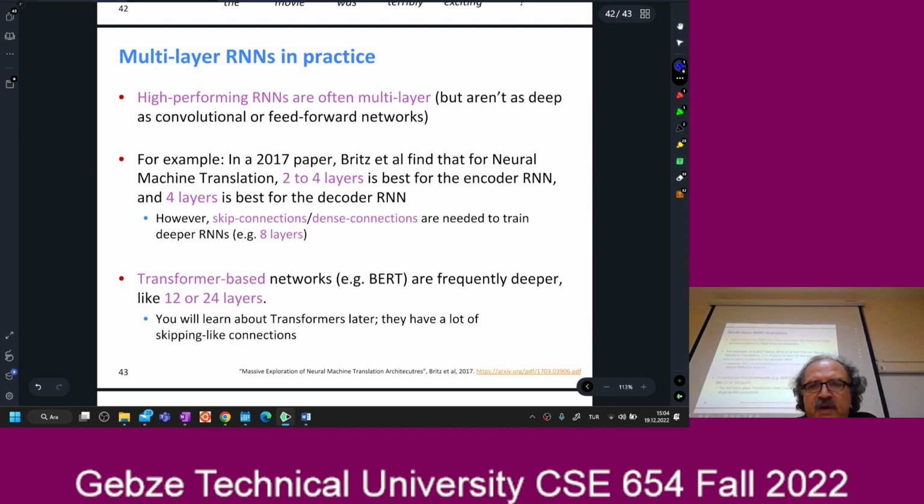So 2 to 4 layers is best for encoder RNNs, 4 layers is best for decoder RNNs, and we are going to talk about encoders and decoders in a few minutes. Okay. For the transformer-based networks, 12 to 24 layers, we will see them next week. Okay. Good.